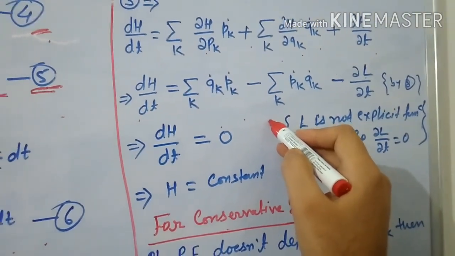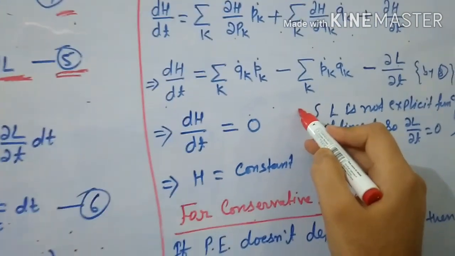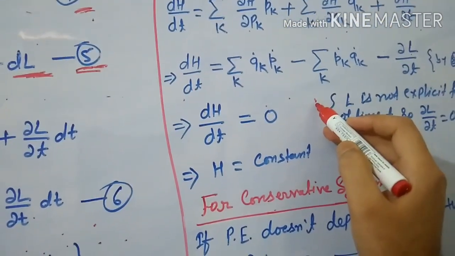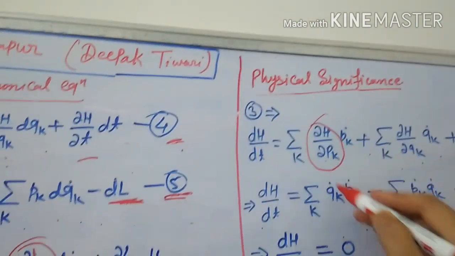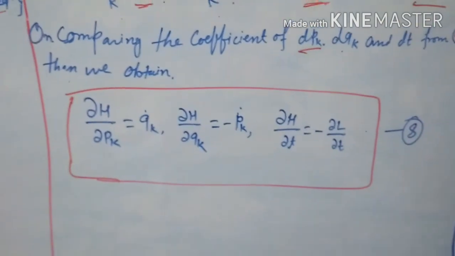Why qk dot? Because from the Hamilton canonical equation of motion we have ∂H/∂pk is equal to qk dot, which we mentioned in equation number 8.